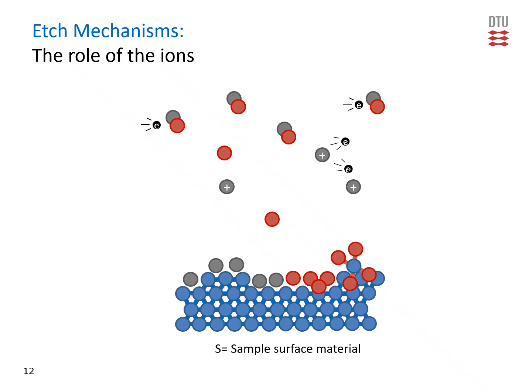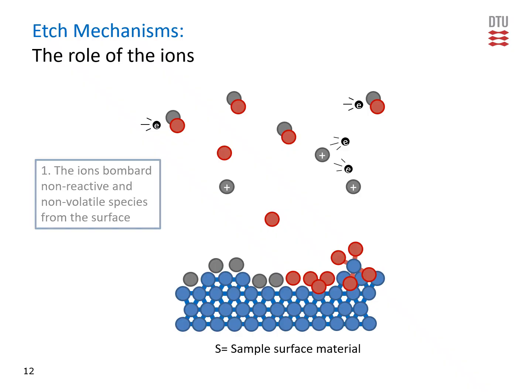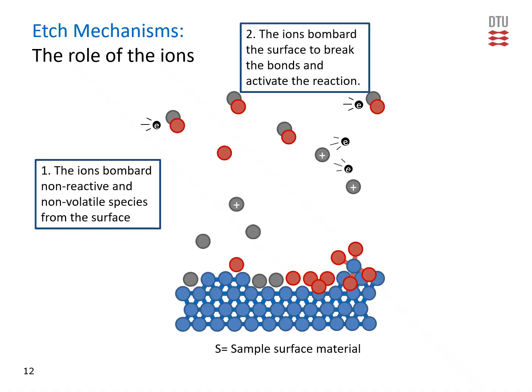So therefore, one of the roles of the ions is to bombard the surface to bombard away these non-reactive and non-volatile species from the surface. And this is to leave an open space for the reactive species to get access to the surface. Another role of the ions is to bombard the surface to break bonds and activate the reaction.